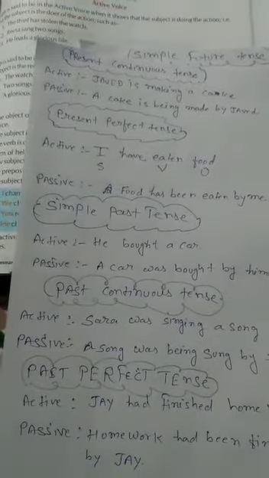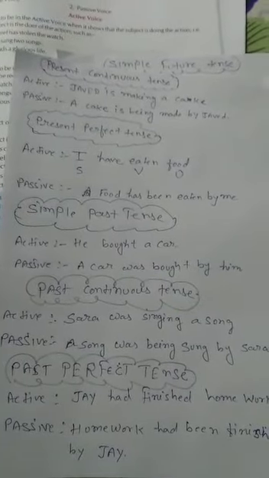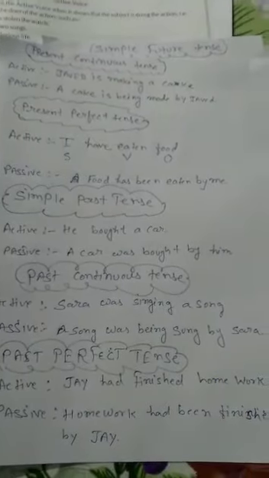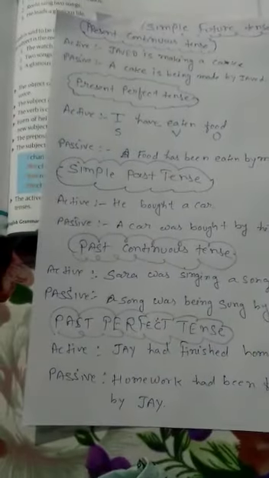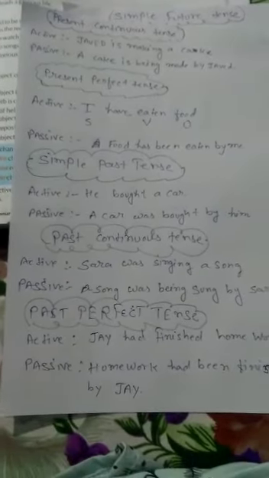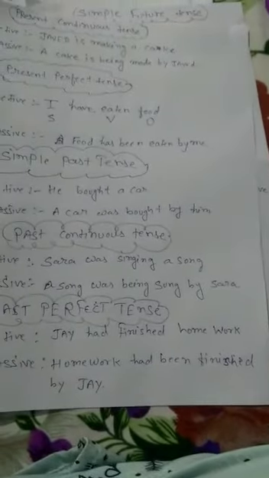Past continuous tense. Active voice: Sarah was singing a song. Passive voice: a song was being sung by Sarah. Past perfect tense. Active voice: Jay had finished homework. Passive voice: homework had been finished by Jay.